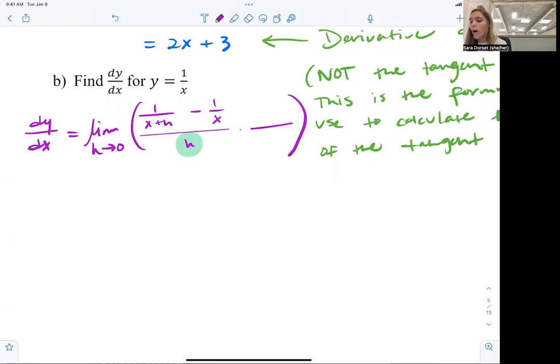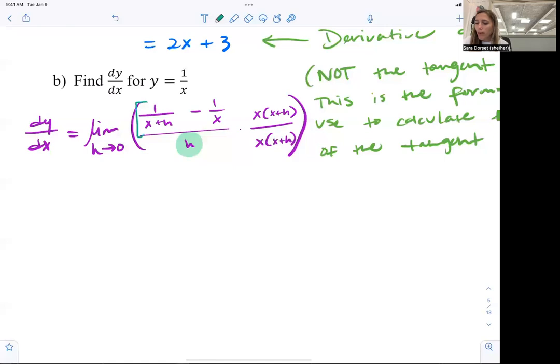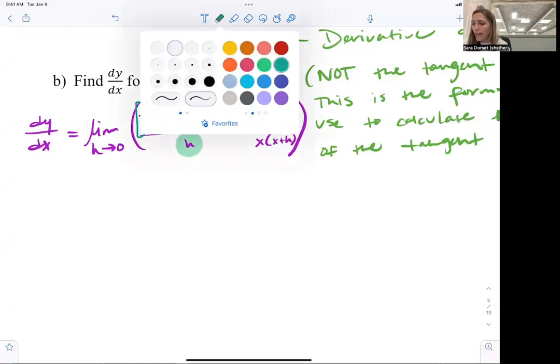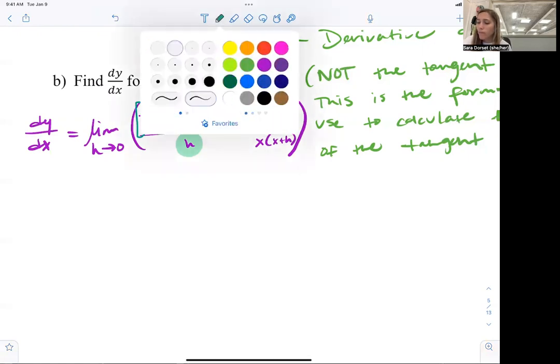So what version of 1 are we going to multiply by? x times x plus h over x times x plus h. Remember, it's multiplying by 1. And it can be helpful to think about putting grouping symbols around your big numerator and your big denominator to indicate that you're going to be distributing, right? We're going to distribute x times the quantity x plus h to each of those fractions in the numerator.